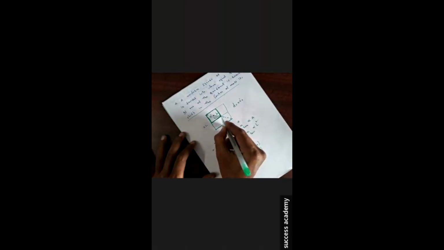But I don't want the total diagonal. Observe carefully. Up to here, from any one corner to O, is half of the diagonal. This part I need to remove.